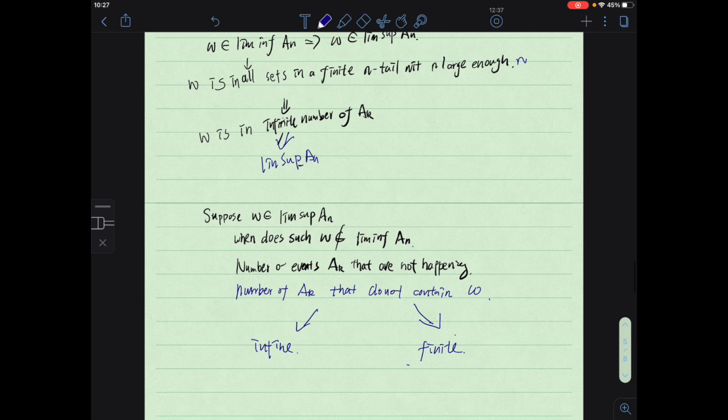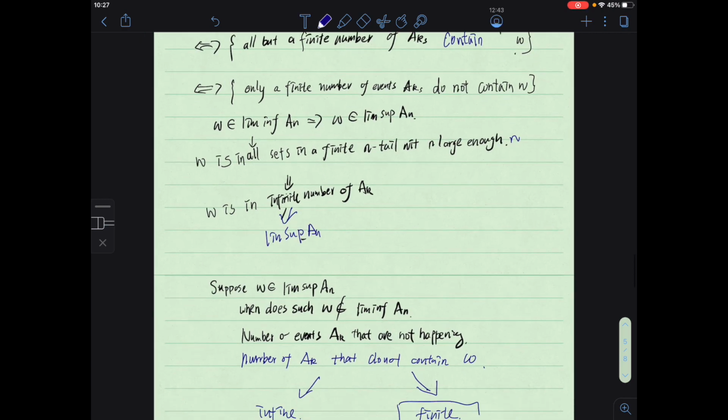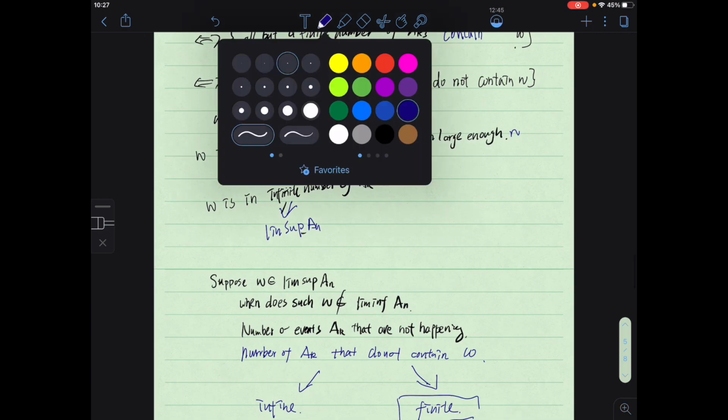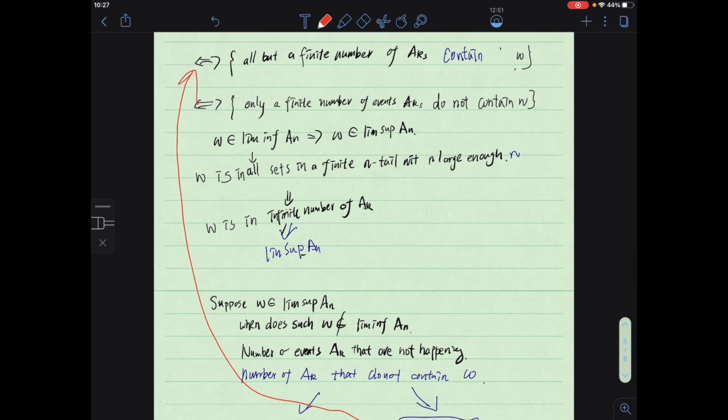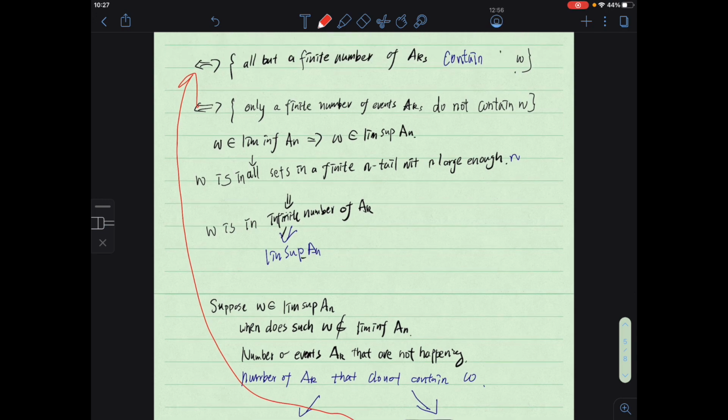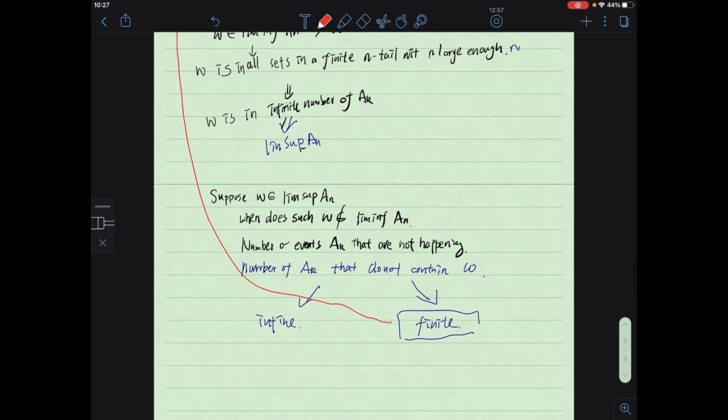For the case when you have a finite number of AK that do not contain omega, this is the exact same way of stating the limit inferior, right? All but a finite number of AK contain omega. So a finite number of AK do not contain omega. So this part is indeed our limit inferior. What about the infinite side?